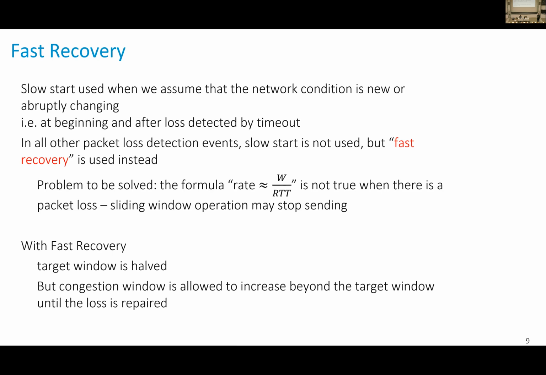If we divide the window by 2, in fact, it might even be that the sender cannot send any packet at all if the packet that was lost is towards the beginning of the window. So assume you have sent 10 packets, the window of size 10, then we reduce the window to 5, and that means you can only send 5 packets from the largest acknowledgement that has been received in sequence.